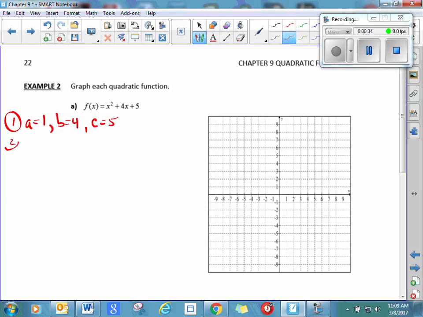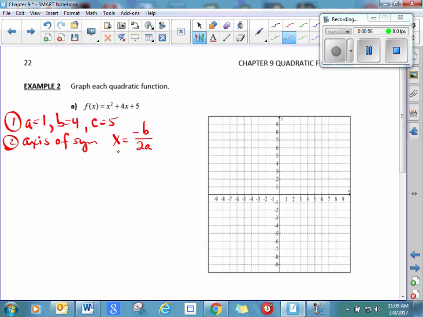That's good. Second thing we did was calculate or identify the axis of symmetry, the line where it cuts through either the x or y axis, and in this case, we're only calculating the x. So our formula was x is equal to the negative opposite of b, over 2 times a.